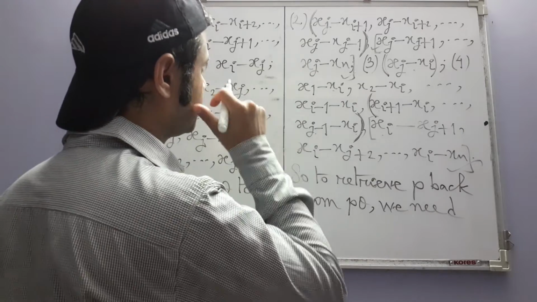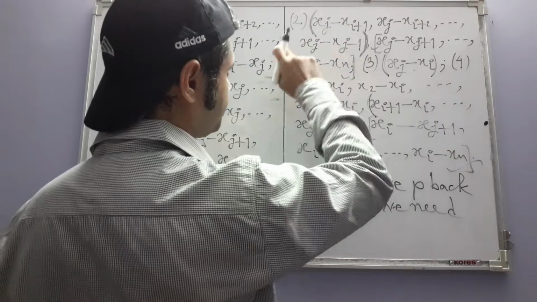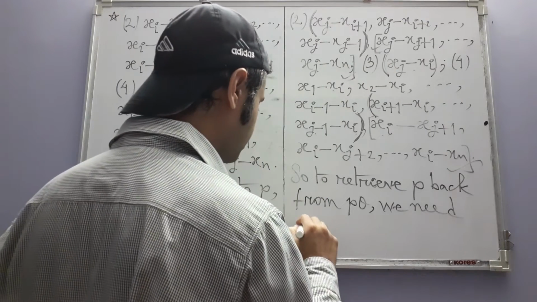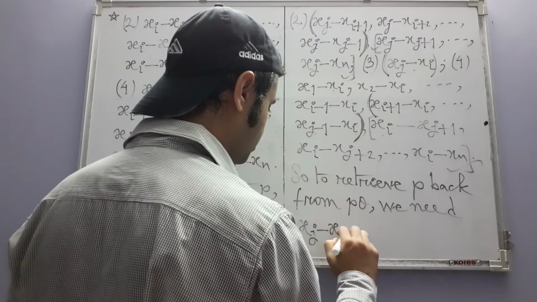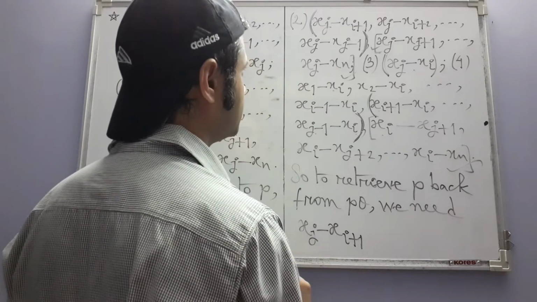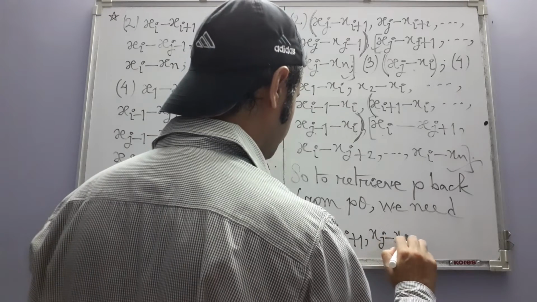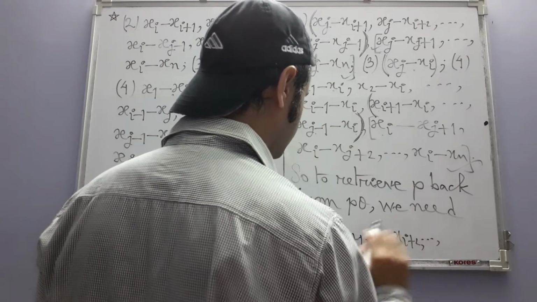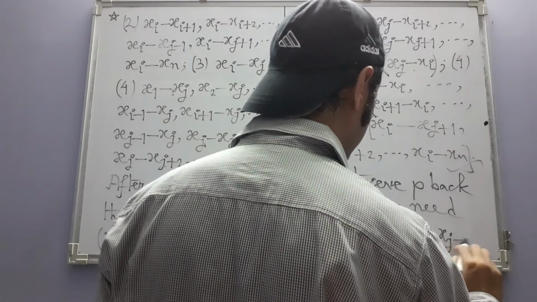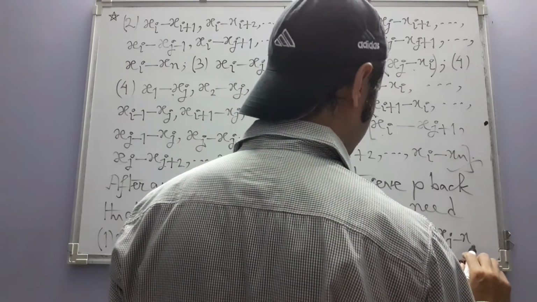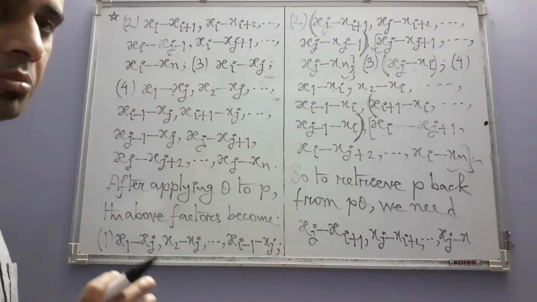Okay, you look at these first ones, they look like what? xj minus xi plus 1, then xj minus xi plus 2, like this we reach xj minus xj minus 1, but I am not writing j minus 1 just like j minus 1.